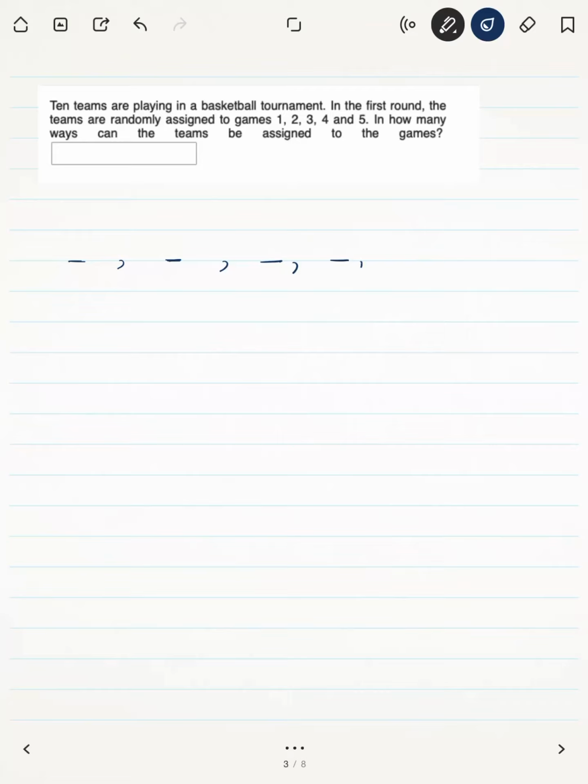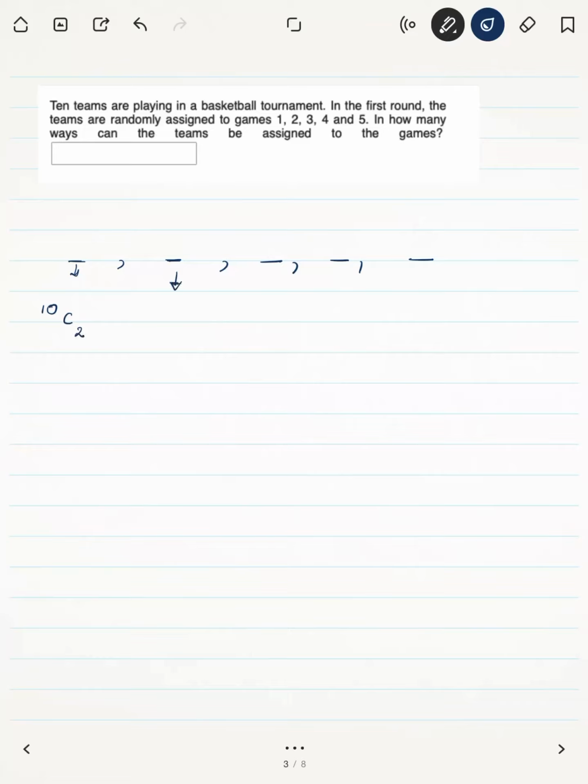Third, fourth, and fifth. In the first stage, I need to choose 2 teams. The order of the teams is not important and repetition is not allowed. Why? Because no team can play with itself. So for the first game, I can choose 2 out of 10.